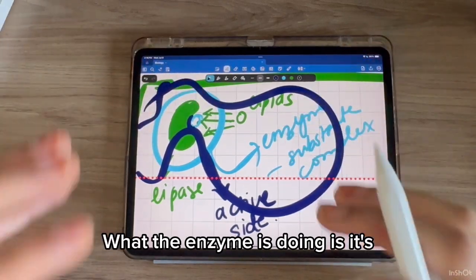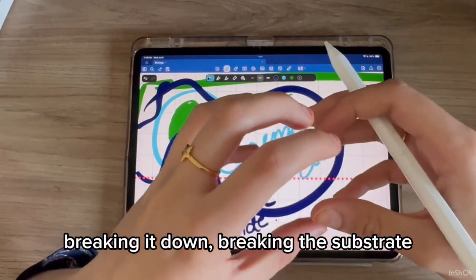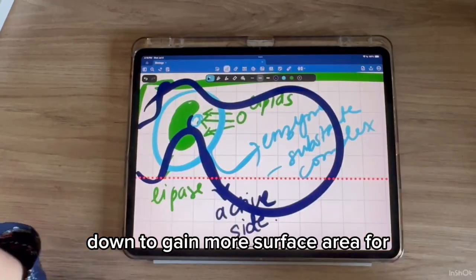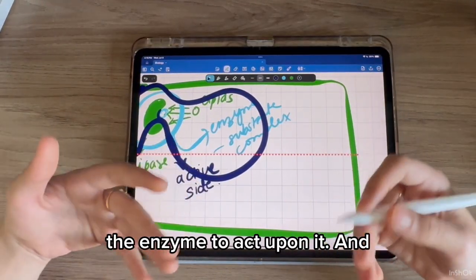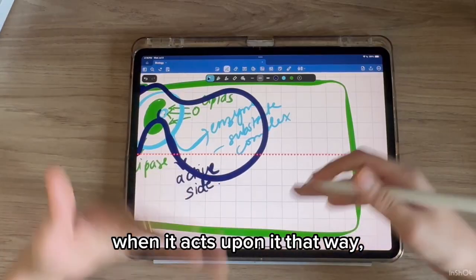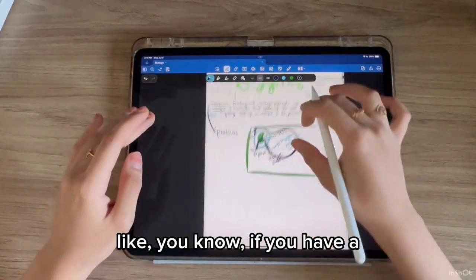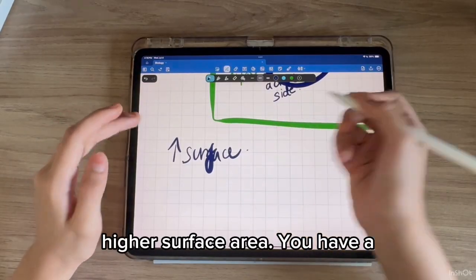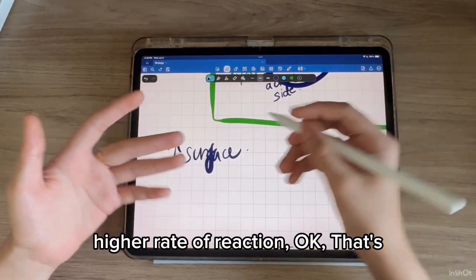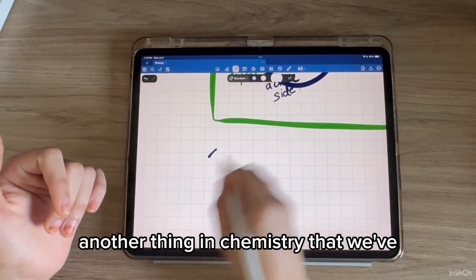What the enzyme is doing is breaking the substrate down to gain more surface area for the enzyme to act upon it. If you have a higher surface area, you have a higher rate of reaction. That's another thing in chemistry that we've learned.